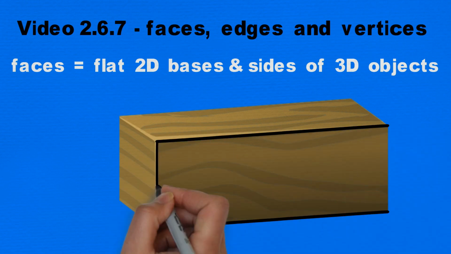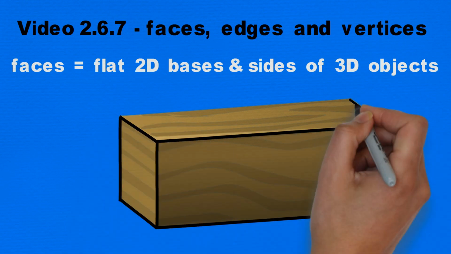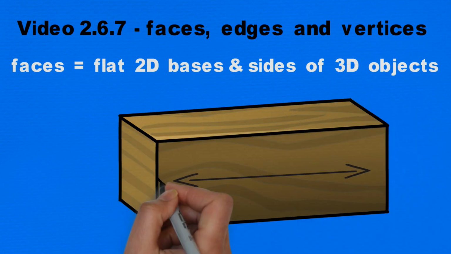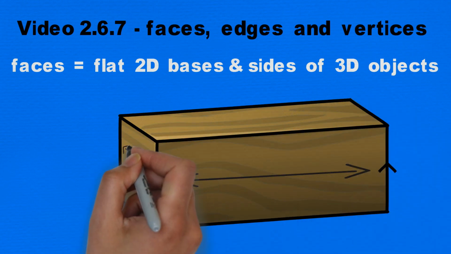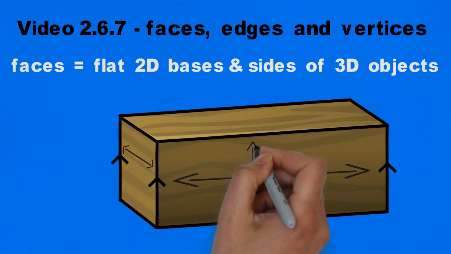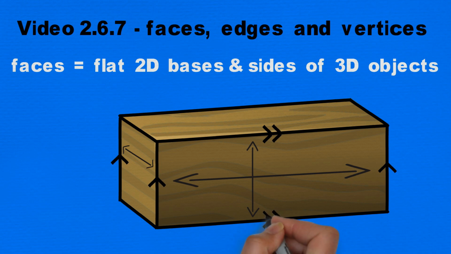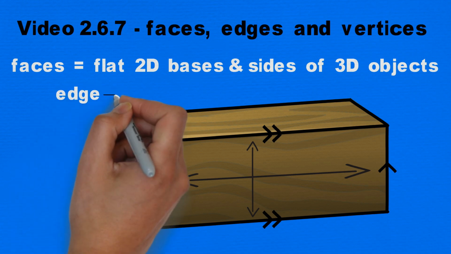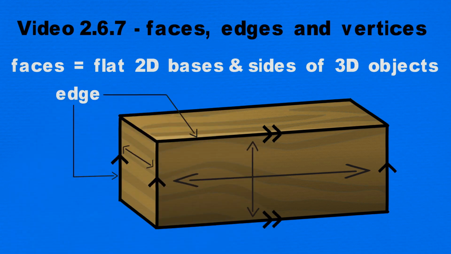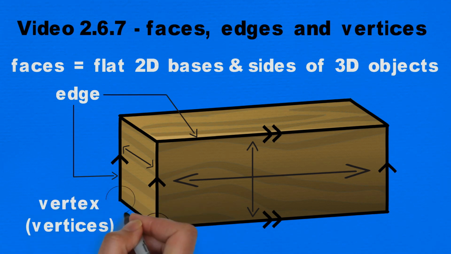In all prisms, the two base faces are always parallel, while in rectangular prisms and cubes, all the pairs of opposite faces are parallel, making a total of 3 pairs of parallel faces. The straight line where two faces meet is called an edge, and the point where edges meet is called a vertex. More than one vertex are vertices.